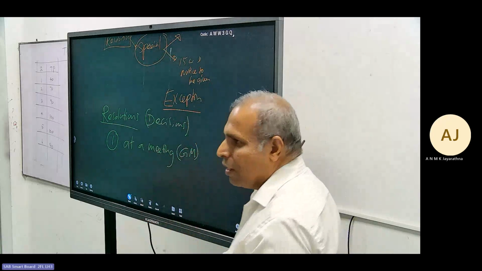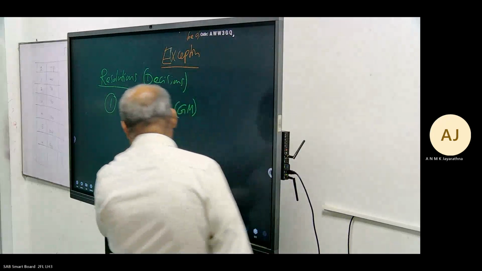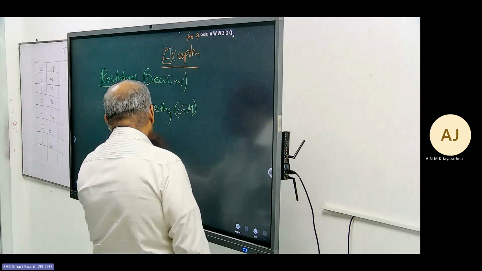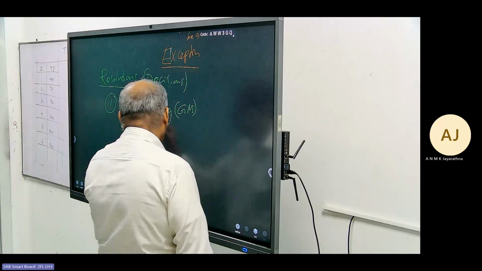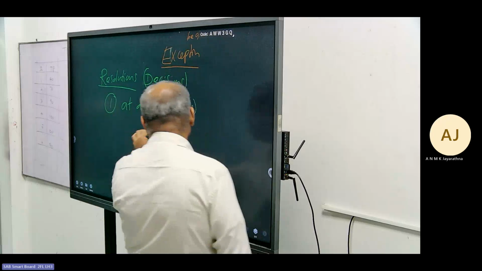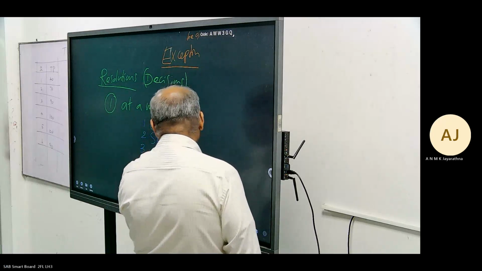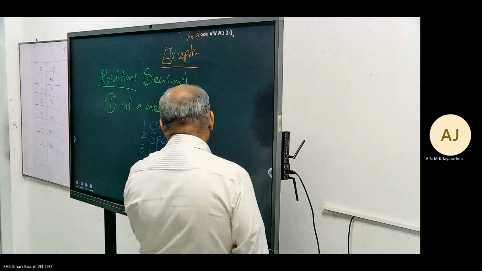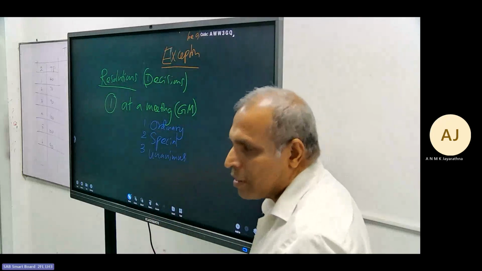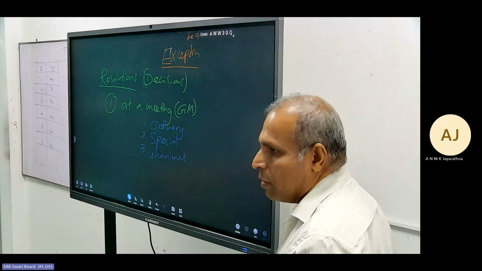At a meeting, they can pass three types of resolutions: ordinary, special, and unanimous. At a meeting, three types of resolutions can be passed: ordinary, special, and unanimous.